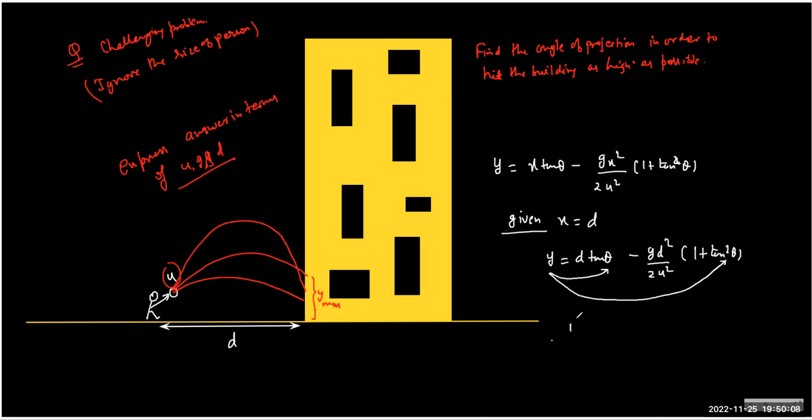So for y max, what will we do? In mathematics, how do we maximize something? Differentiate and equate to 0. So for y max, what should we do here?